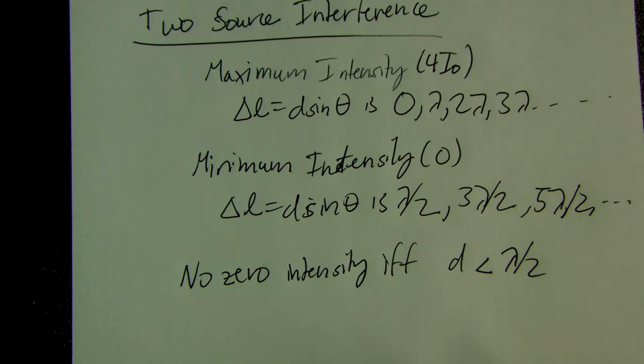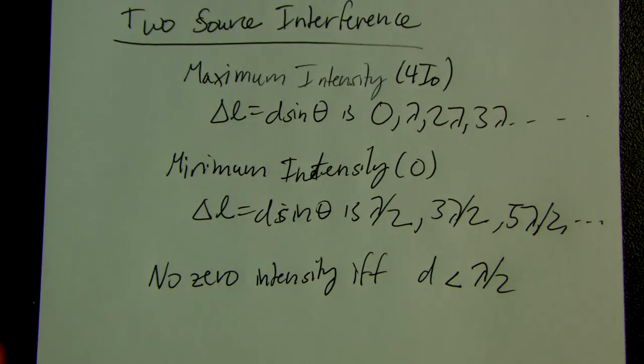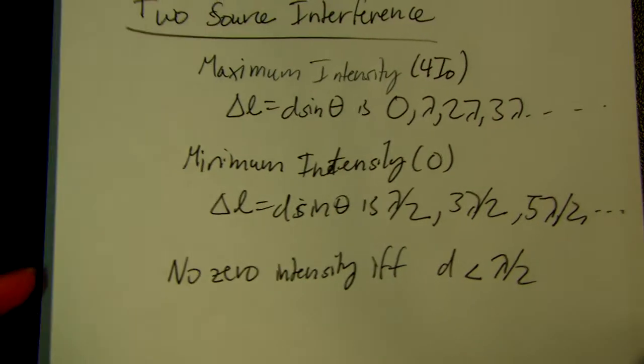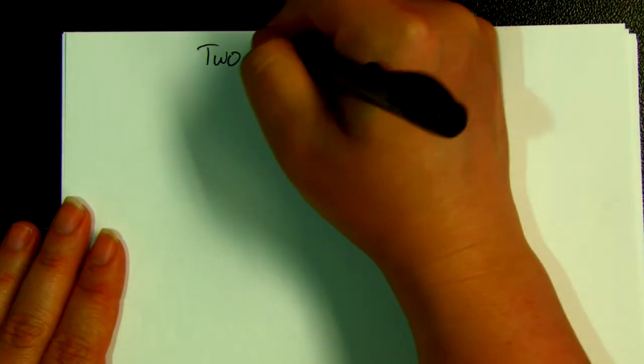All right, so that sort of summarizes our two-source interference pattern options in terms of constructive and destructive interference. So now we can move on to two-slit interference. That famous experiment, so you did see it in the PowerPoint slides that I lectured over.